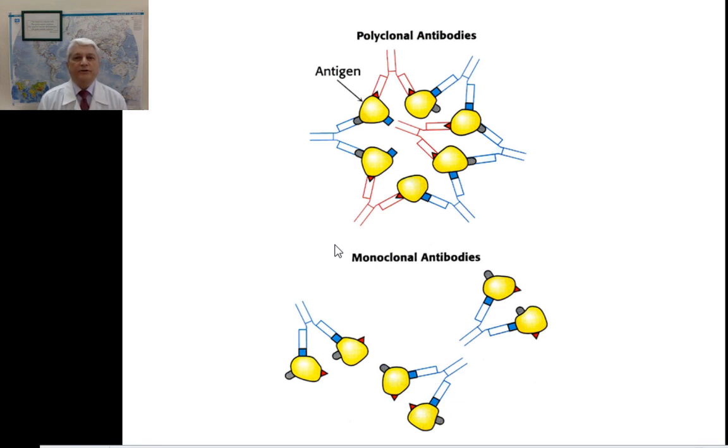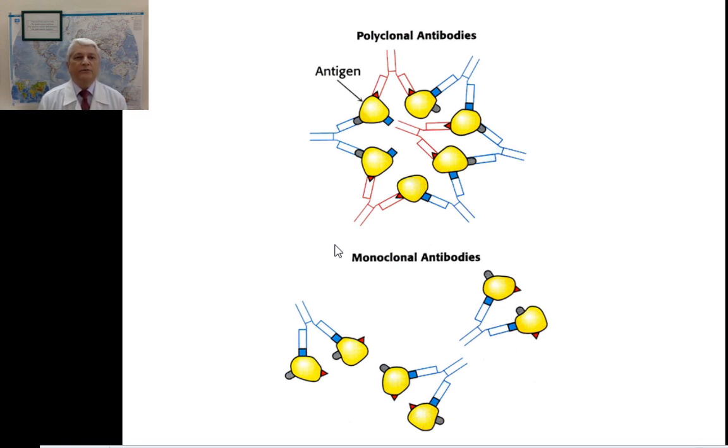Let's continue our definition. So polyclonal antibodies are antibodies that react with the same antigen but have different primary structure because they were produced by different clones of B lymphocytes. They were synthesized, they were created, as you want, by different clones of B lymphocytes.